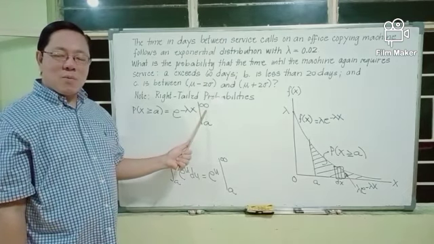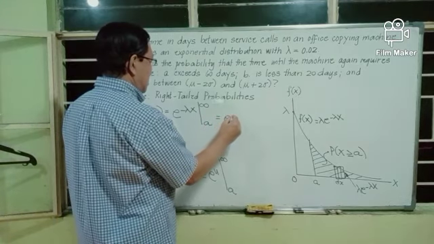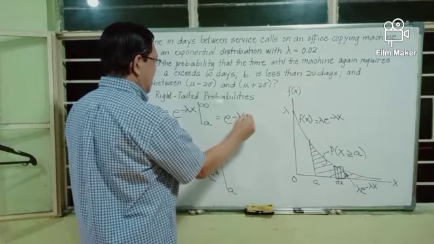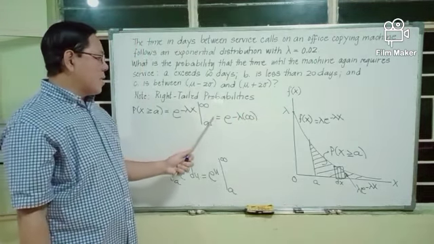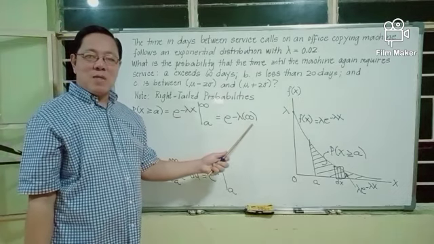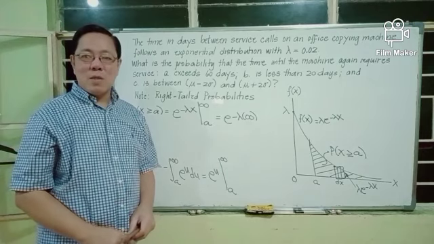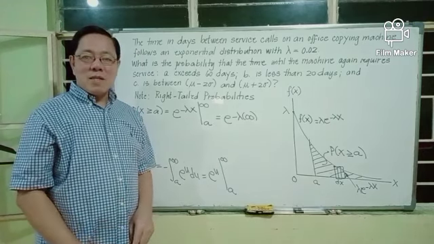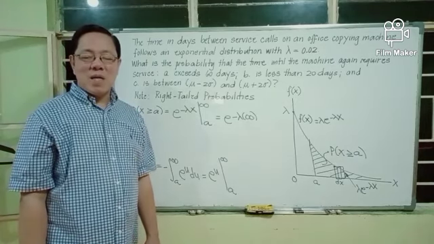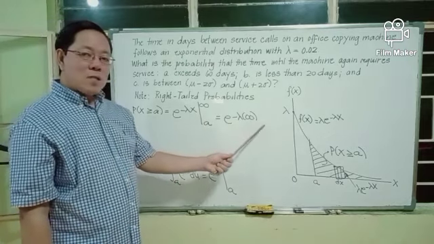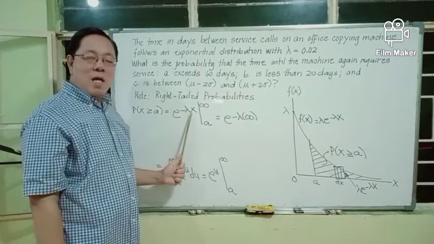We start with x equals positive infinity. When x is positive infinity, we get e to the minus lambda times positive infinity. And you remember that positive infinity is a symbol. It is not a real number. It is a symbol that represents a very, very large positive real number. Minus when x equals a, this becomes e to the minus lambda times a.